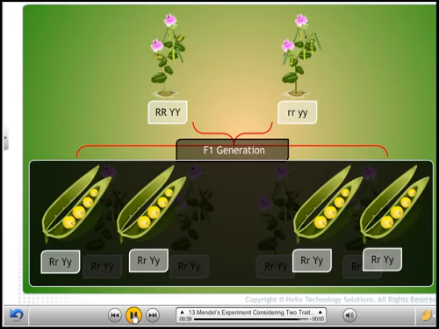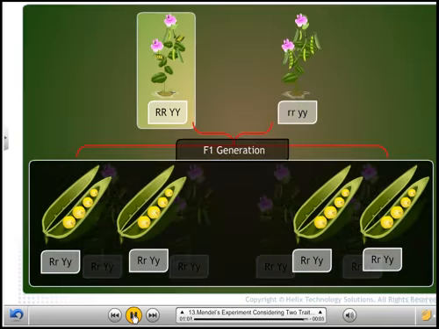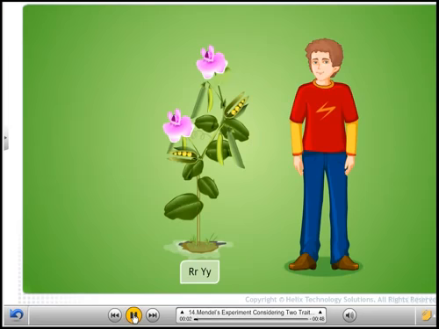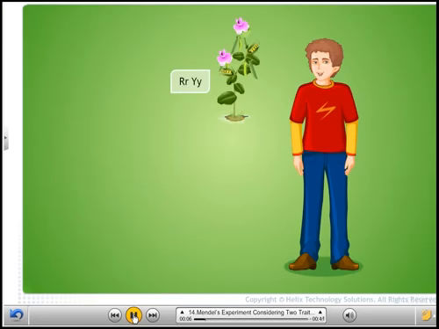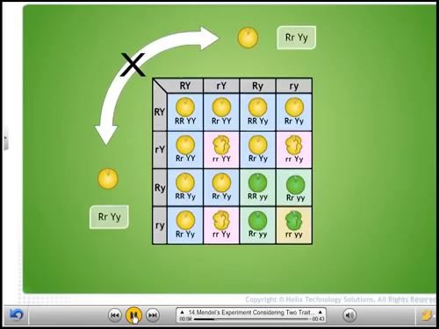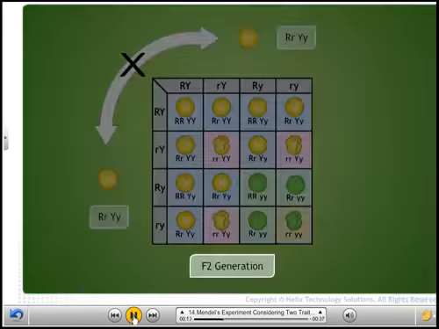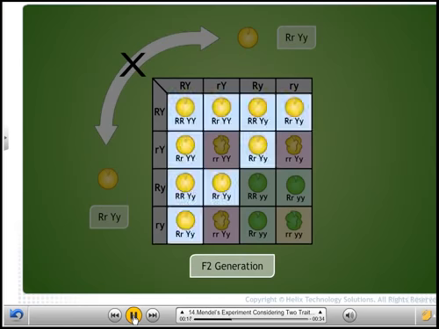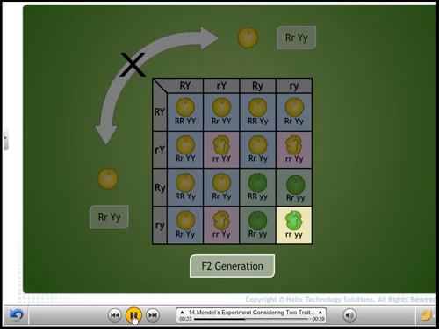In such a case, round and yellow seeds would be the dominant traits. What happens when these plants of the F1 progeny are self-pollinated? Mendel found that some plants of the F2 progeny were similar to their parents and produced round yellow seeds, and some of them produced wrinkled green seeds.